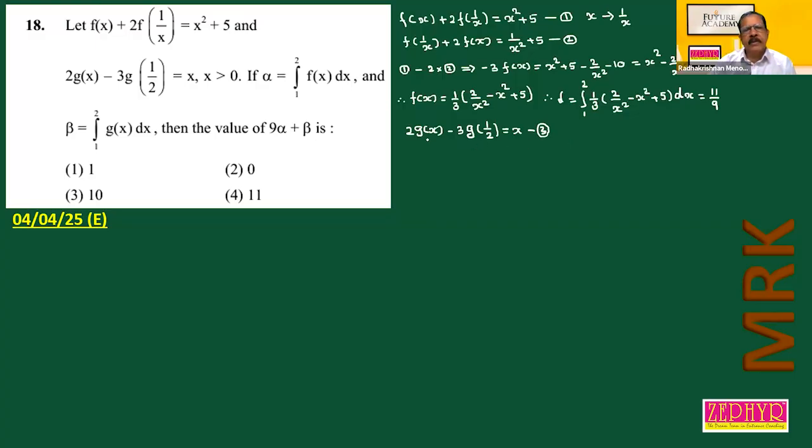See here, g of x and g of 1 by 2. So we can evaluate what? g of 1 by 2 first. Put x is equal to 1 by 2.